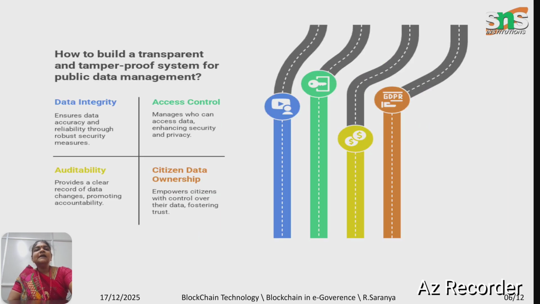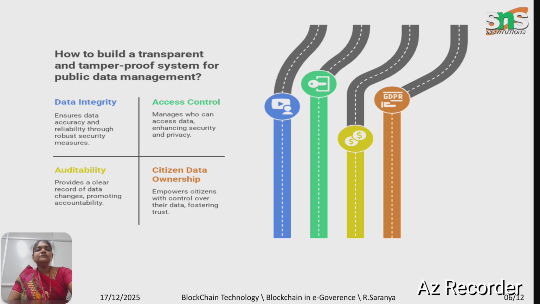So how to build a transparent public data management using blockchain? Data integrity can be achieved in order to ensure data accuracy and reliability through robust security measures, and auditability is very easy since all the data will be entered into our distributed ledger system. Access control can be given based on the user since it has three types of access control.